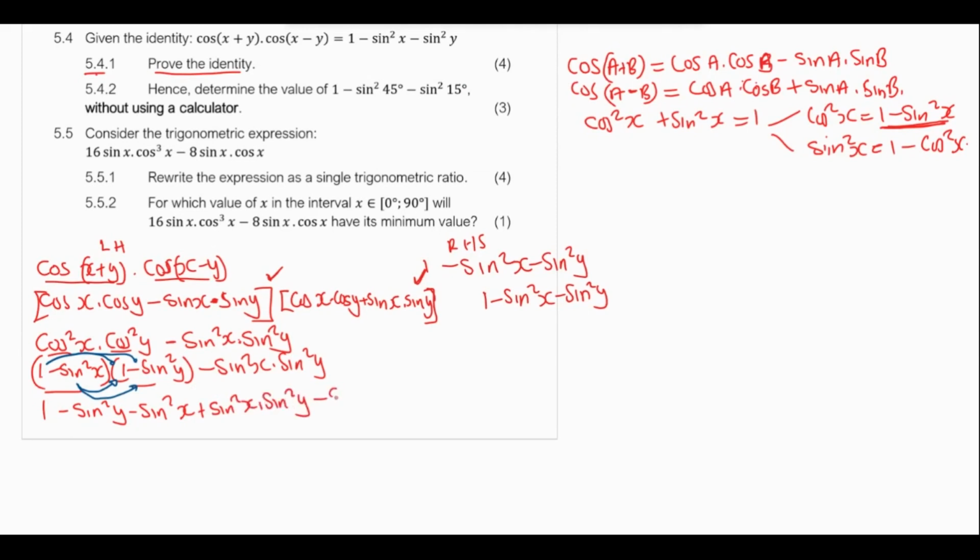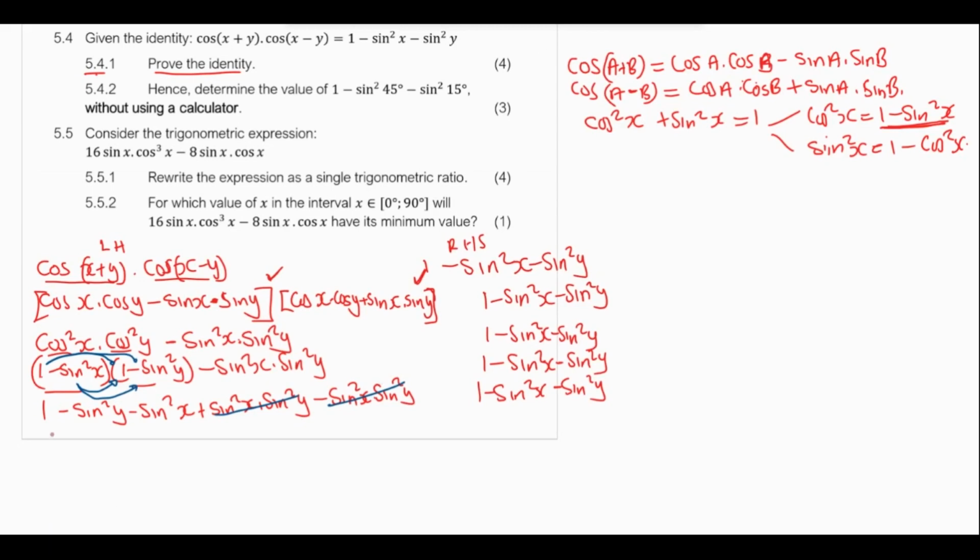Then minus sin²x times sin²y. On the right-hand side, we still have 1 − sin²x − sin²y. Sin²x times sin²y minus sin²x times sin²y is 0. They subtract each other out.